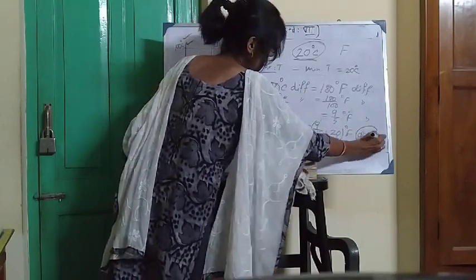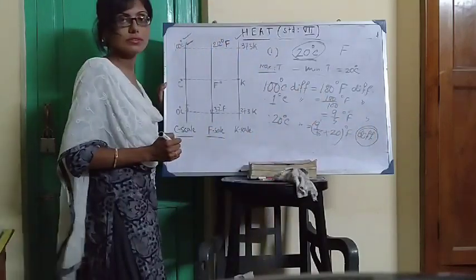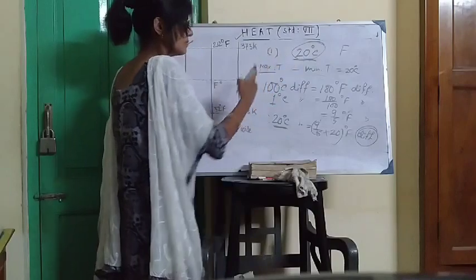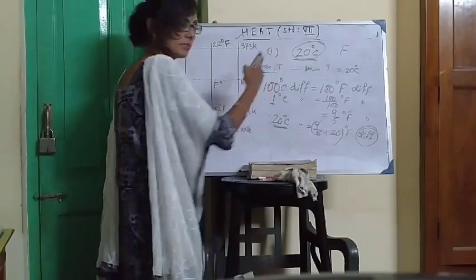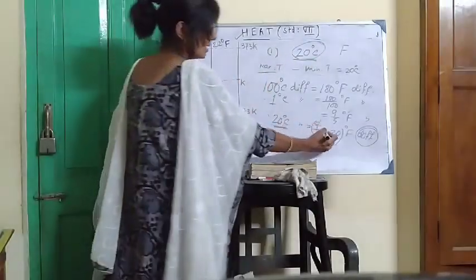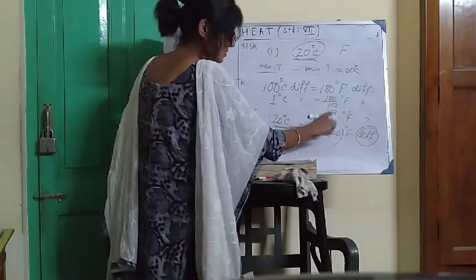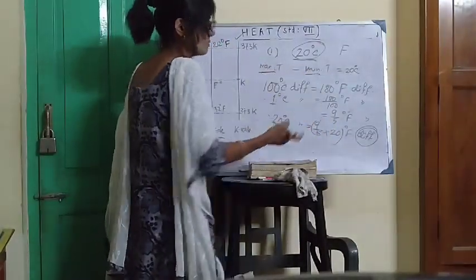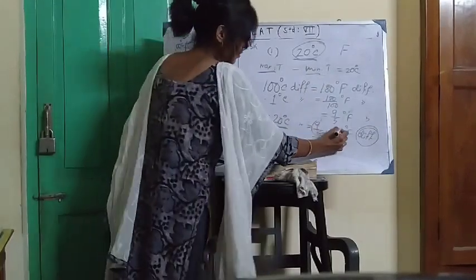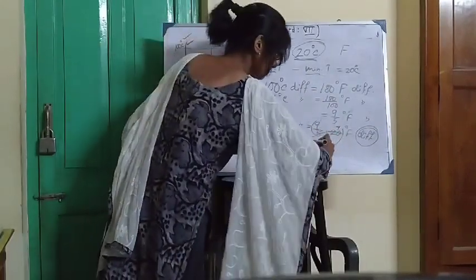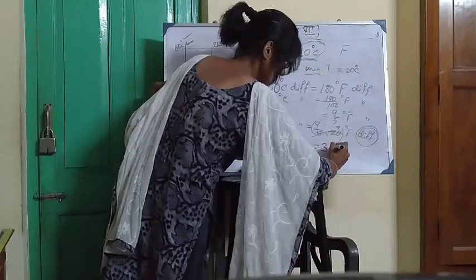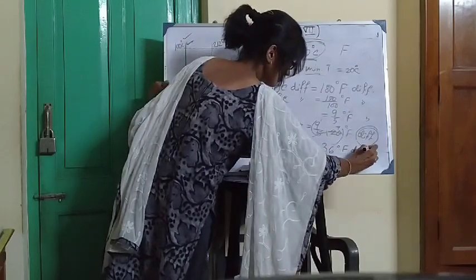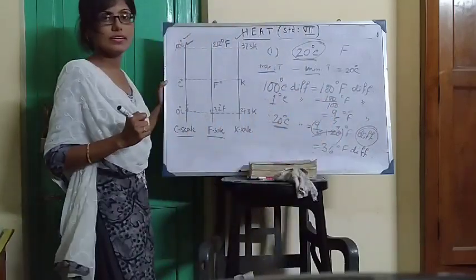The term difference is very, very important, because 20 degrees Celsius is the difference between maximum temperature and minimum temperature of that place. So 9 by 5 into 20, that is also the temperature difference between maximum temperature and minimum temperature of that place. 5 4 20, 36 degree Fahrenheit difference.